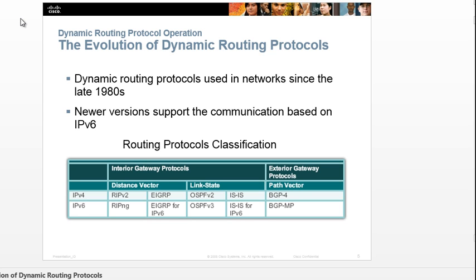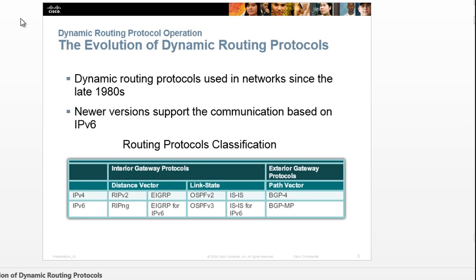So dynamic routing has been around since the late 80s, and newer versions support IPv6. Here, for example, is a list of some of the different types of routing protocols. For IPv4 distance vector, you'll see RIP, RIPv2, and EIGRP. For link state protocols, you'll see things like OSPF and ISIS.